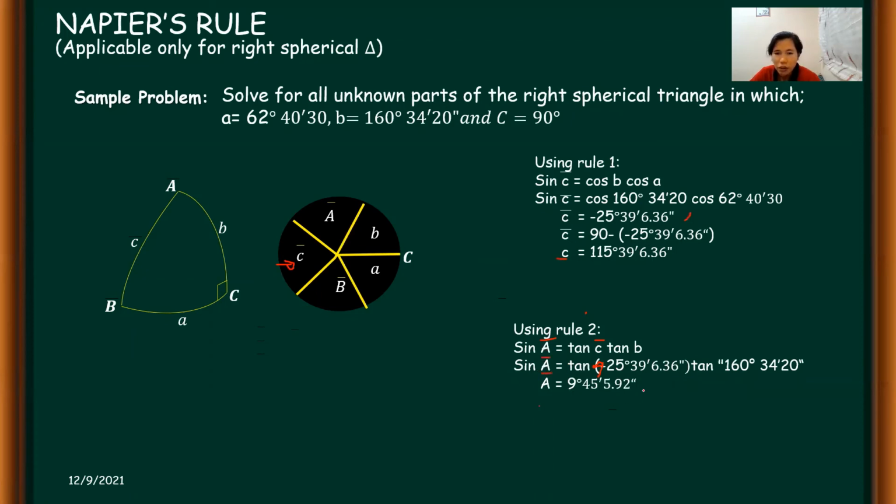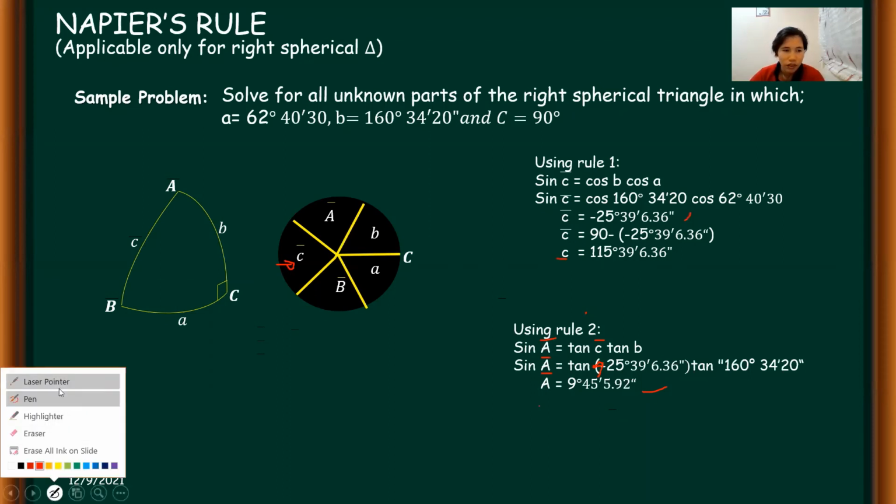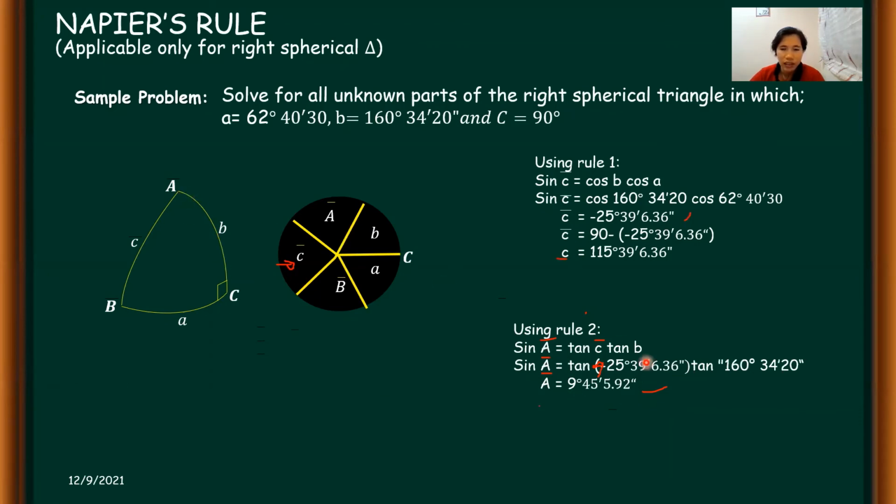So our A bar is 9 degrees, 45 minutes, 5.92 seconds. But our target is A, not A bar, so we need to subtract this from 90 degrees. So the value of the included angle A here is equivalent to 90 minus 9 degrees, 45 minutes, 5.92 seconds. This will now be the value of A.